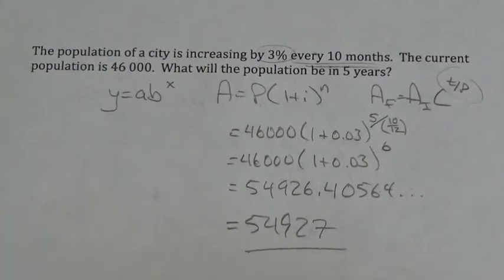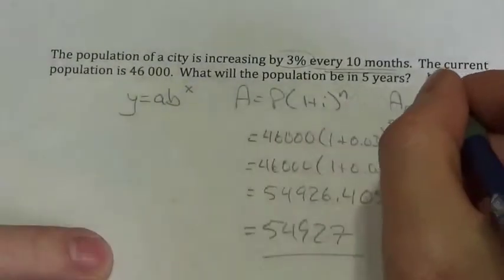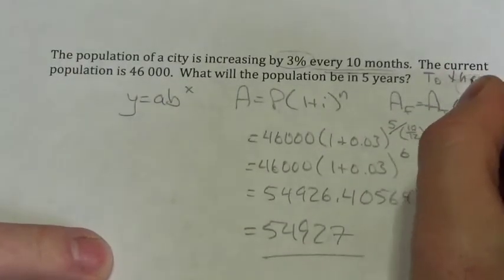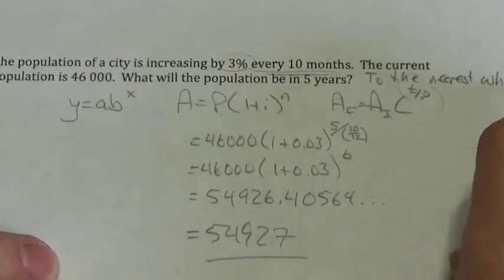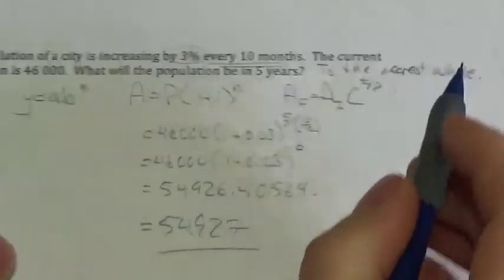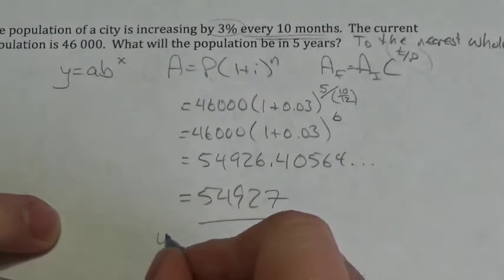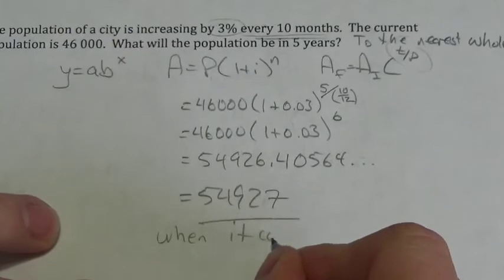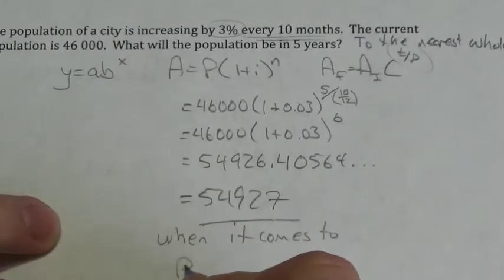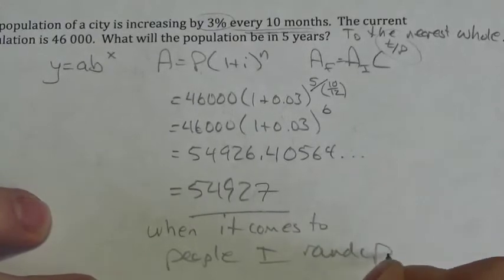In fact, I would challenge you that even if this question said, for example, at the end here, to the nearest whole, I challenge you to just round that up instead and write it on your sheet there: when it comes to people, I round up.